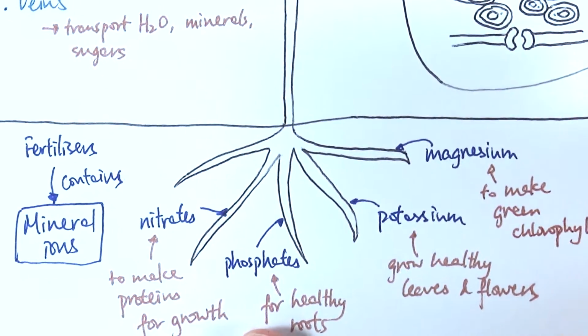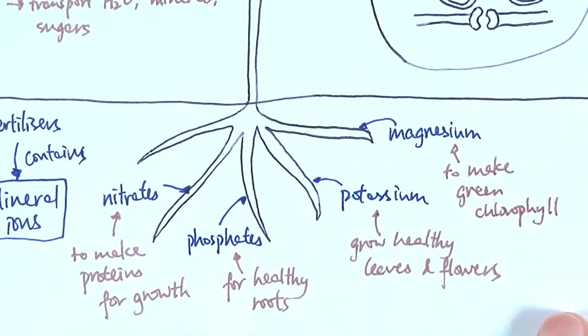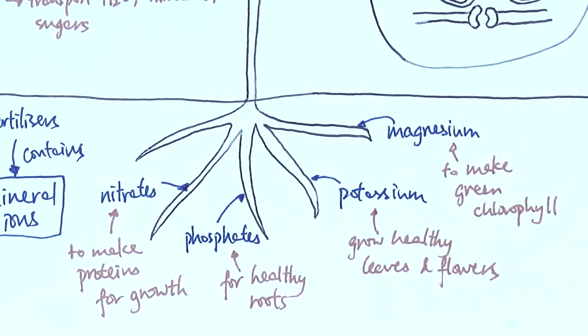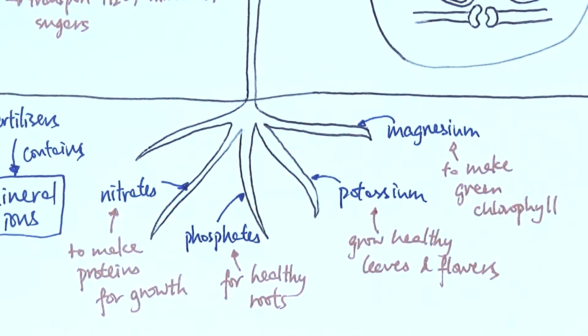If you don't have enough magnesium in the plant, then your plant will start having yellow leaves, which means they are not as good at absorbing sunlight, therefore they can do less photosynthesis, meaning they have less food. So these are the 4 different mineral ions that the plant needs to grow better.